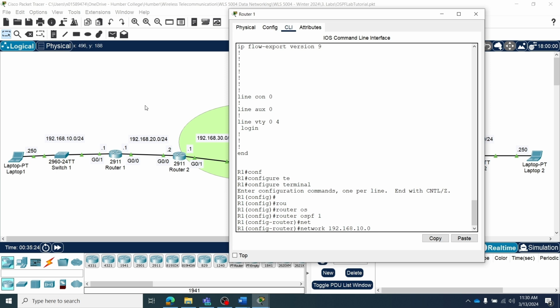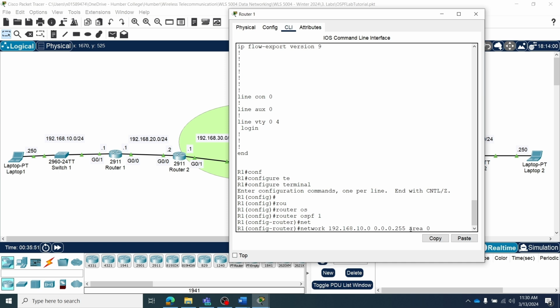Because it is a 24 network, the wildcard mask is 0.0.0.255. Then we have to tell about the area: area 0. Area 0 means the backbone area.